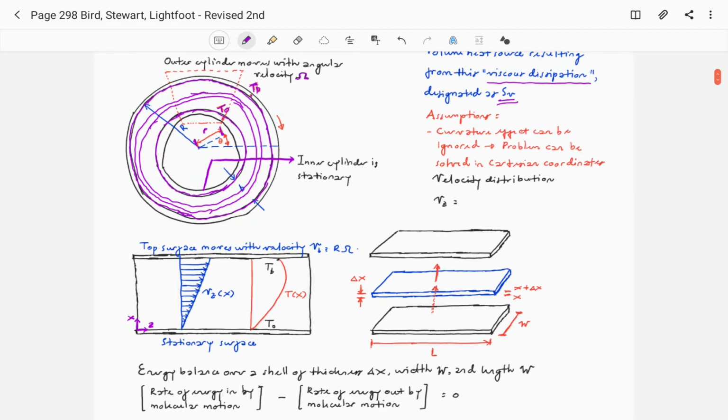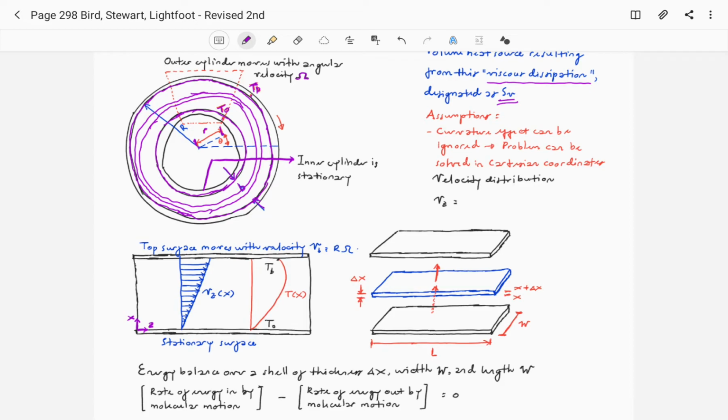Another thing that we can assume is that the slit width here, b, is much smaller with respect to the radius.